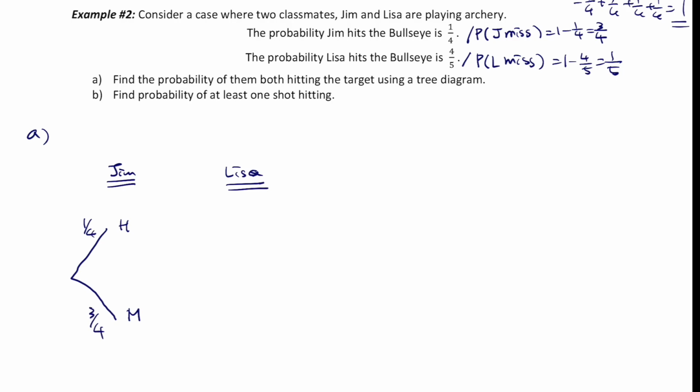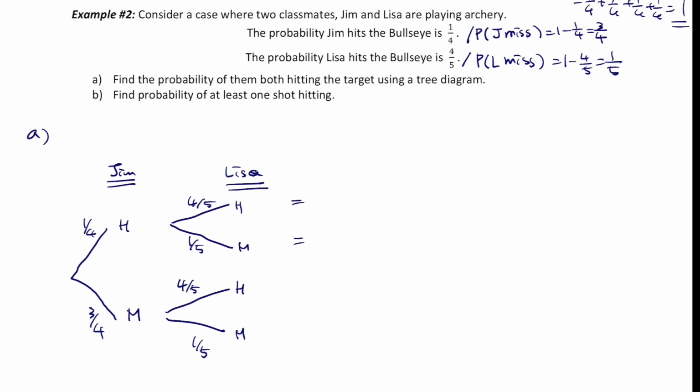Then Lisa hits the target and misses the target with a 4/5 chance and a 1/5 chance. Same thing if Jim misses the target: Lisa can hit the target with a 4/5 chance and miss with a 1/5 chance.